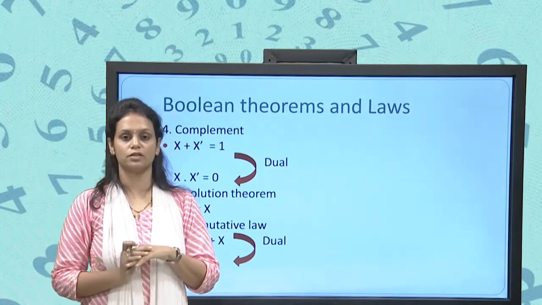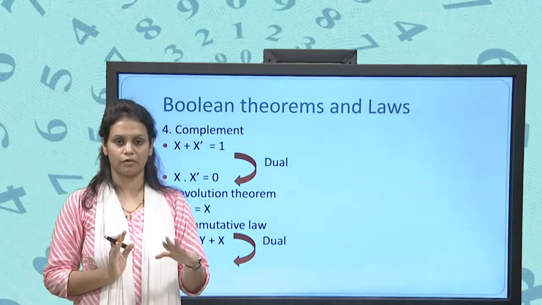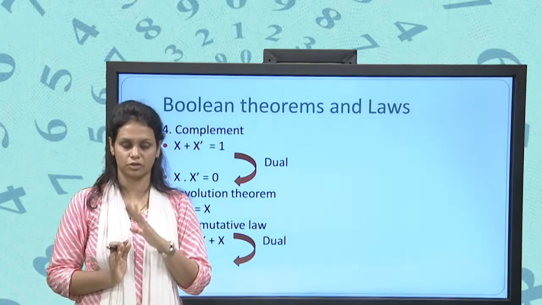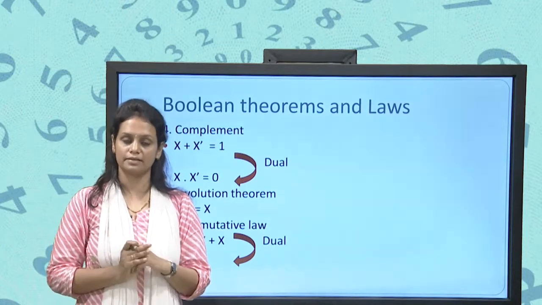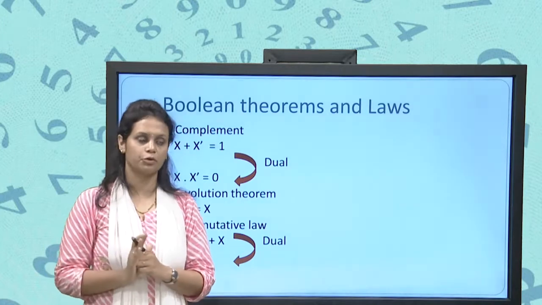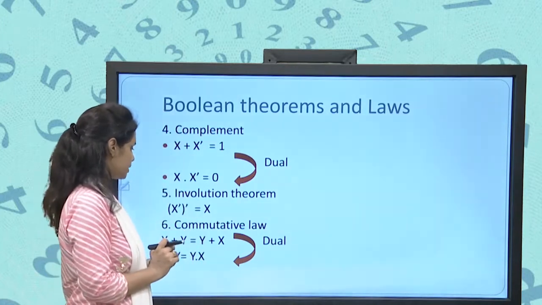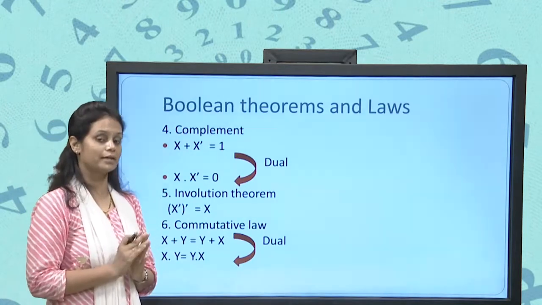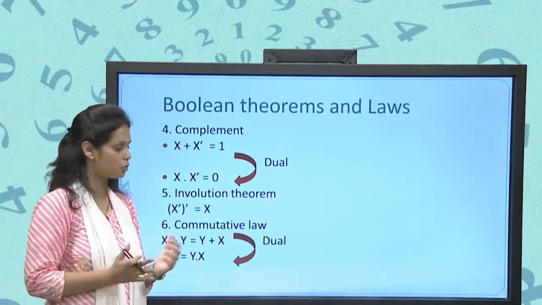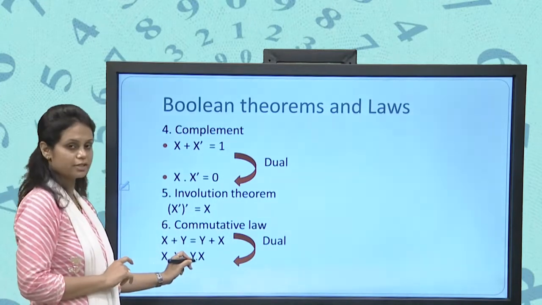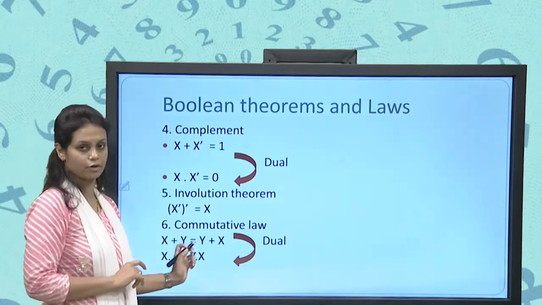So, there is no importance of the order while doing the addition operation. This is the commutative law: A plus B equals B plus A. So, in Boolean algebra, x plus y equals y plus x. We can write the dual of this, which is also true: x dot y equals y dot x. We just replace plus by dot.